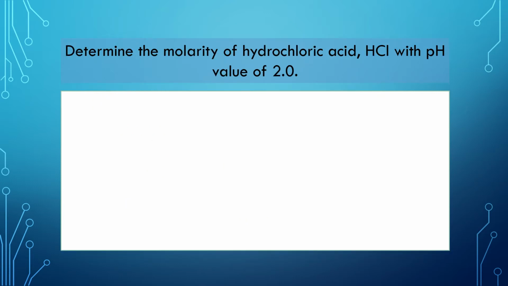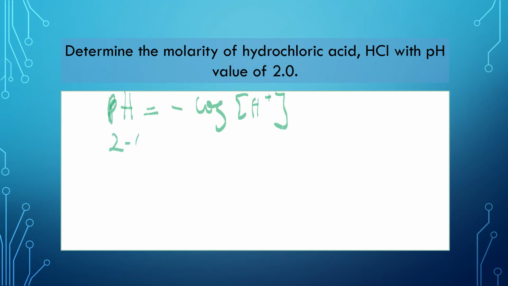Okay, let's see. Determine the molarity of hydrochloric acid with pH value of 2.0. So by using the same formula, pH equals negative log concentration of hydrogen ion. Okay, so the pH value now, the p is small letter.